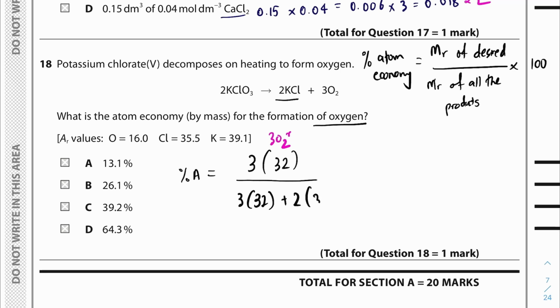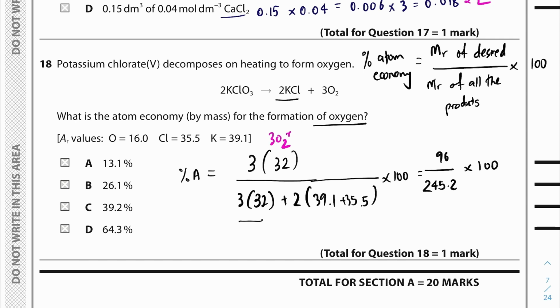So K is 39.1 plus 35.5. And then we times this by 100. So in this case, we will get 96 on the top divided by 96 plus 2 times 39.1 plus 35.5. We get 245.2 times 100.